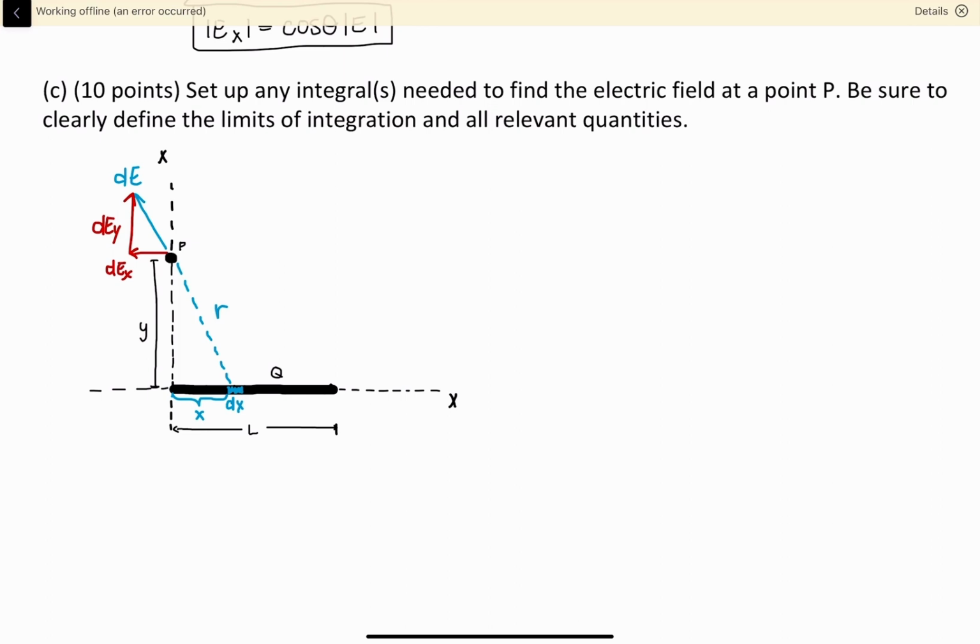So now we can set up our integral, but actually before we do that, we need to understand what dq is. So dq has a really small amount of charge because this has a uniformly distributed charge.